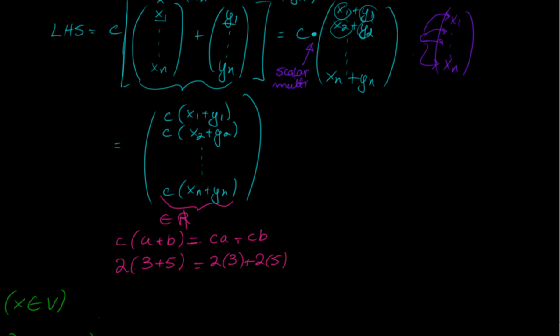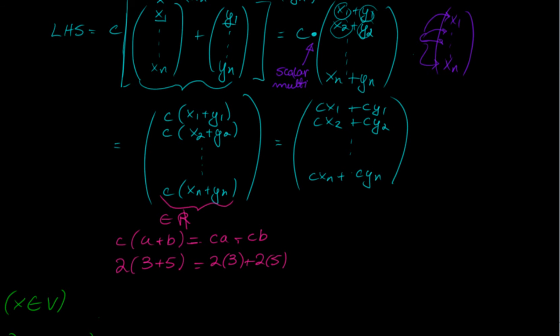I know that's true. Well, that's what I'm going to use. I'm going to use that fact to rewrite it as cx1 plus cy1, and then cx2 plus cy2, and so on until cxn plus cyn. Okay?